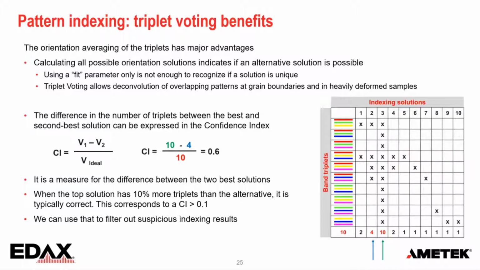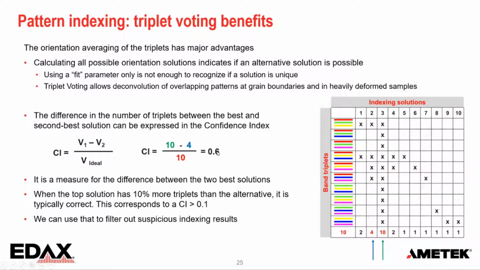We can see what the best solution is with the largest number of triangles and what the second best solution is. And based on that, we can calculate the confidence index. For this example, the CI is 10 minus 4, divided by the maximum number of votes or triplets it could have found, which is 0.6.